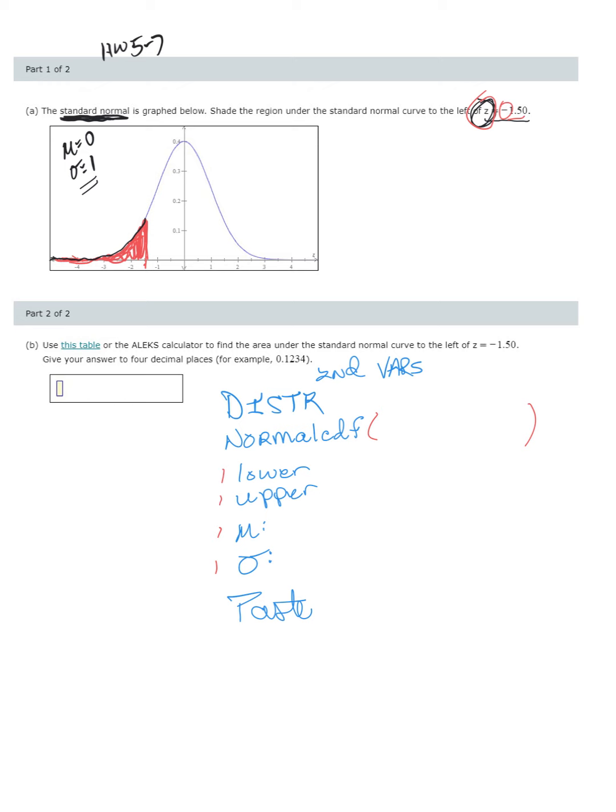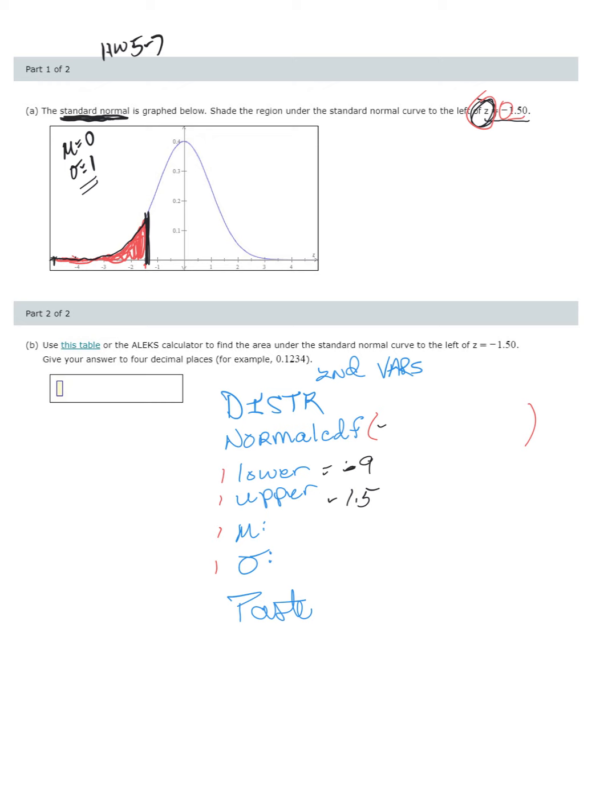But I don't have an infinity symbol to type in. Even like -4 or -5 standard deviations away, that's just about everything. So if I just put -9 standard deviations for my lower bound, that's going to be plenty. Make sure you put a negative in front of it though. My upper bound is this -1.5.